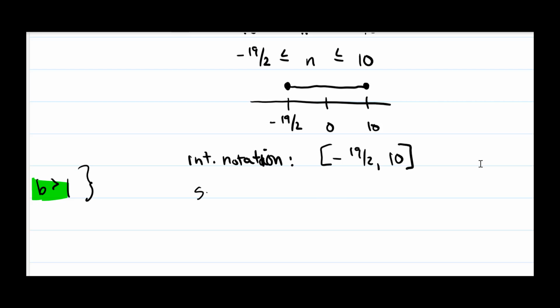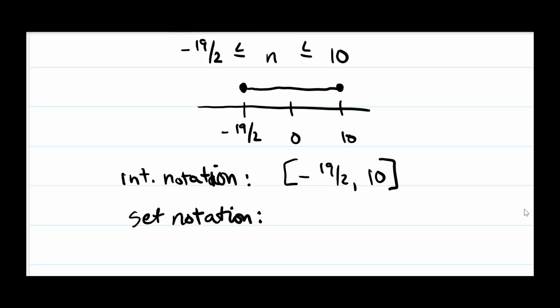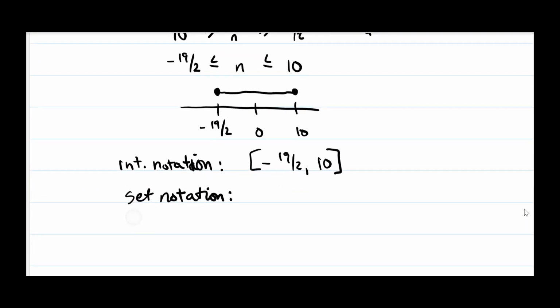When I write it in set notation, it's going to look a little bit different. So for that set notation, you're just going to go ahead and write, oh, I think I made this mistake on the other one. Yeah, I did, so we're going to fix that in a minute. Now, here's a common thing, because we always use x a lot, but my variable right here is n.